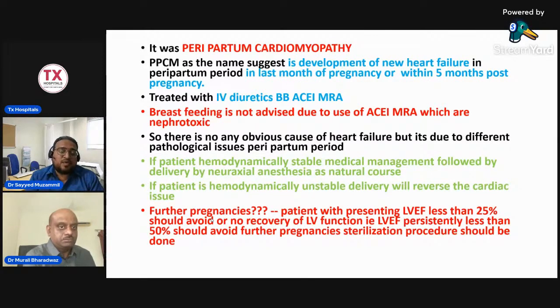And we don't have any other reason for LV dysfunction, like mitral valve pathology or coronary artery disease, and pre-pregnancy LV function was perfectly normal. These patients usually develop peripartum cardiomyopathy. It is commonly seen in Asian females, and things like selenium deficiency and poor socioeconomic strata make patients more prone to develop it, if you see the demographic data regarding peripartum cardiomyopathy.